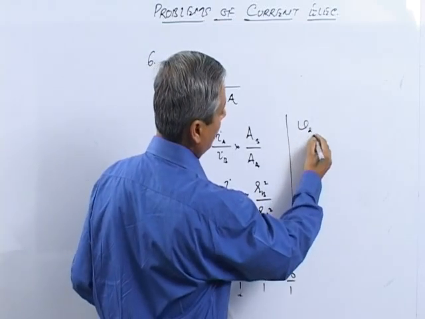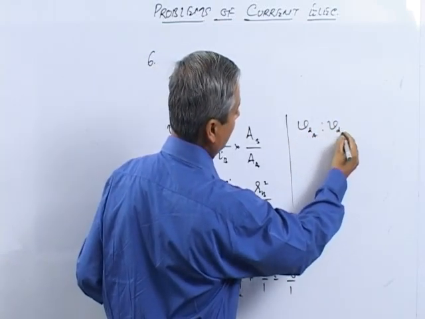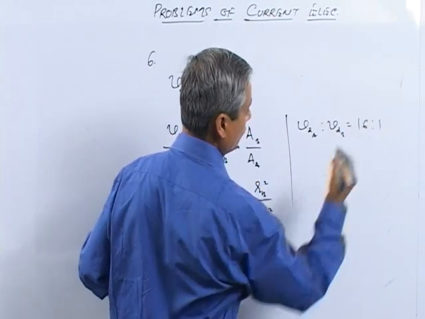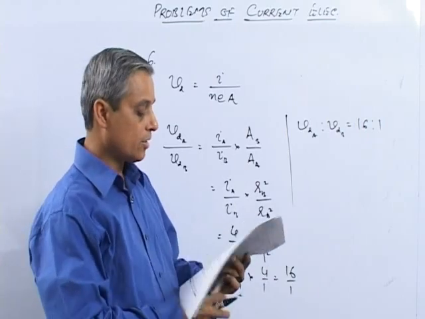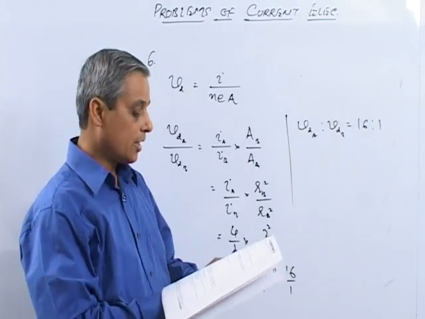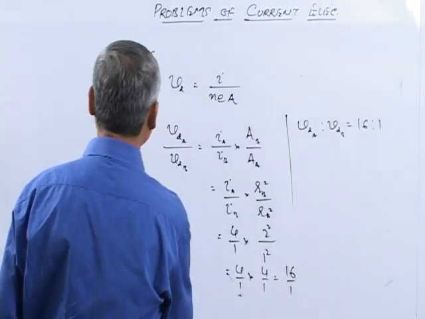Therefore Vda is to Vdb is 16:1. The answer comes out to be A. So this was simple.